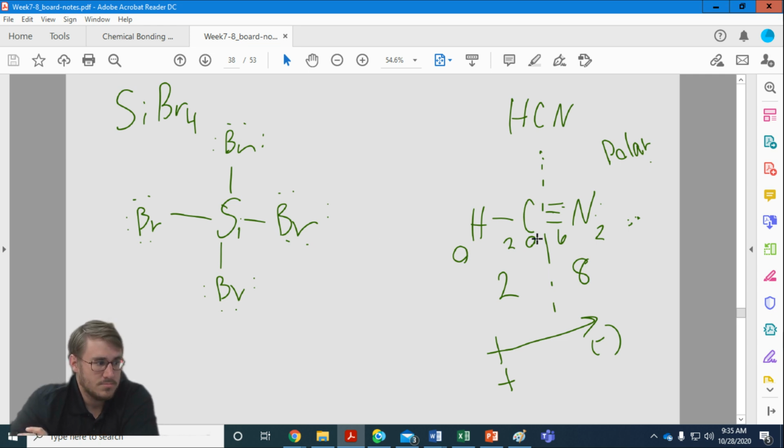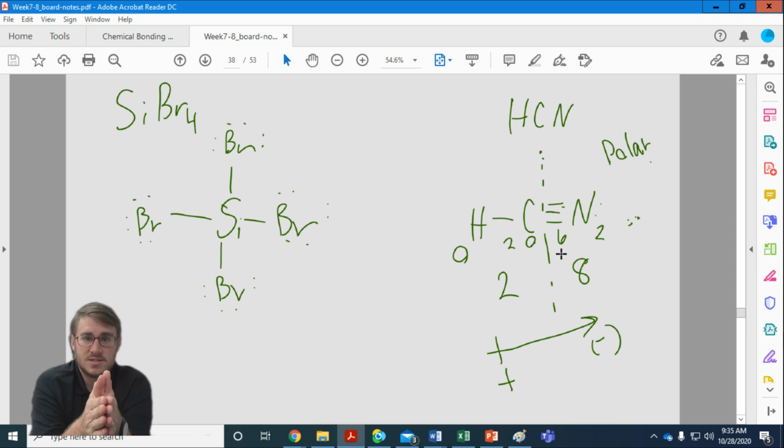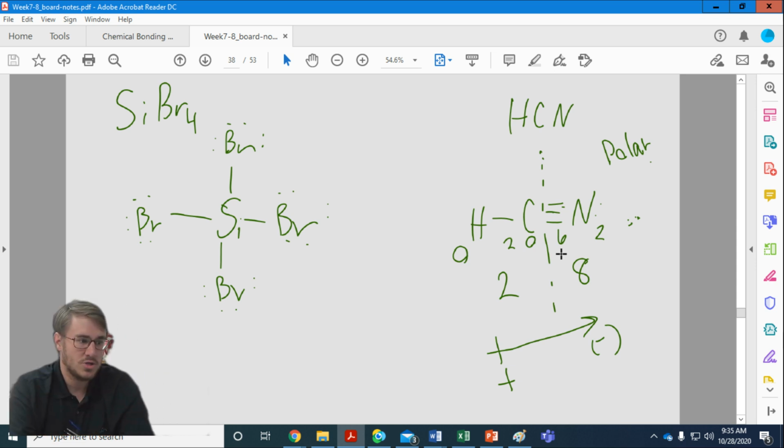Anyway, we would need to justify this on the test question. There's one test question where I ask you to compare these two and say which one is polar and why you think it is polar. Your answer would be something like: HCN is polar because there's an accumulation of electrons, which is true of every polar bond, by the way. That's the beginning. HCN is polar because of an accumulation of electrons in one area, closer to the nitrogen, or between the nitrogen and the carbon, or in the triple bond, or on the nitrogen.